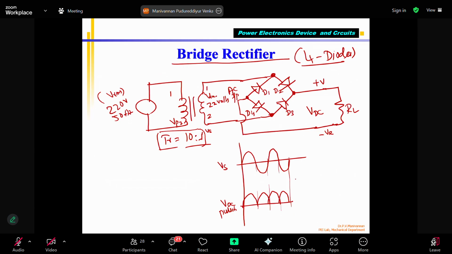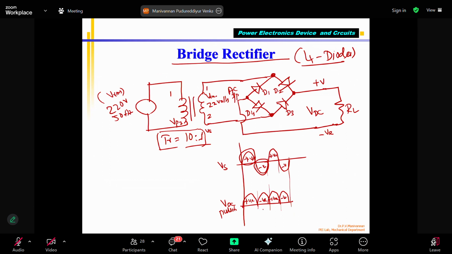Please see that this bridge output is also full wave rectified, both half cycles. This is the positive cycle, this is the negative cycle, this is positive, this is negative. Just like the regular full wave rectifier which uses a center tap transformer, the bridge rectifier also converts both the positive and negative half cycles into a pulsating DC.